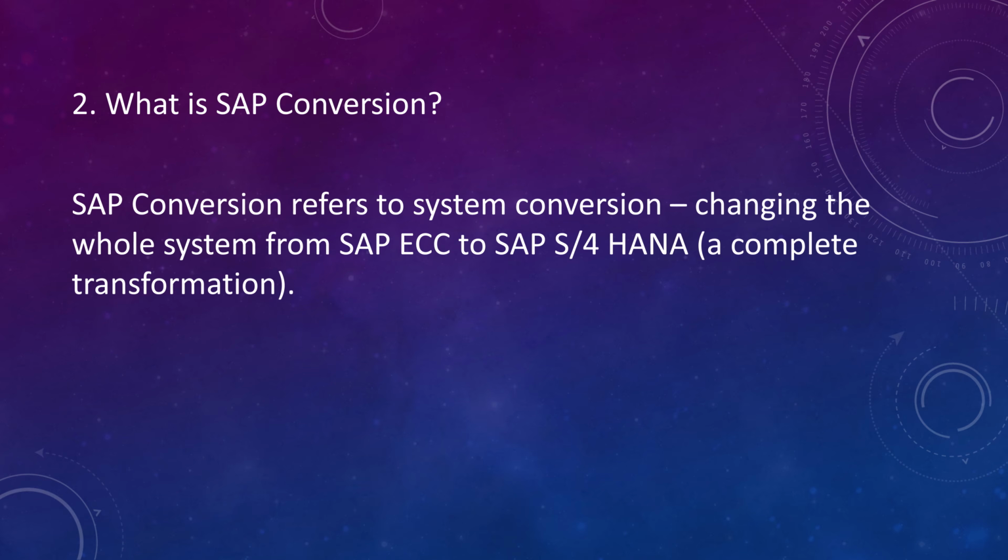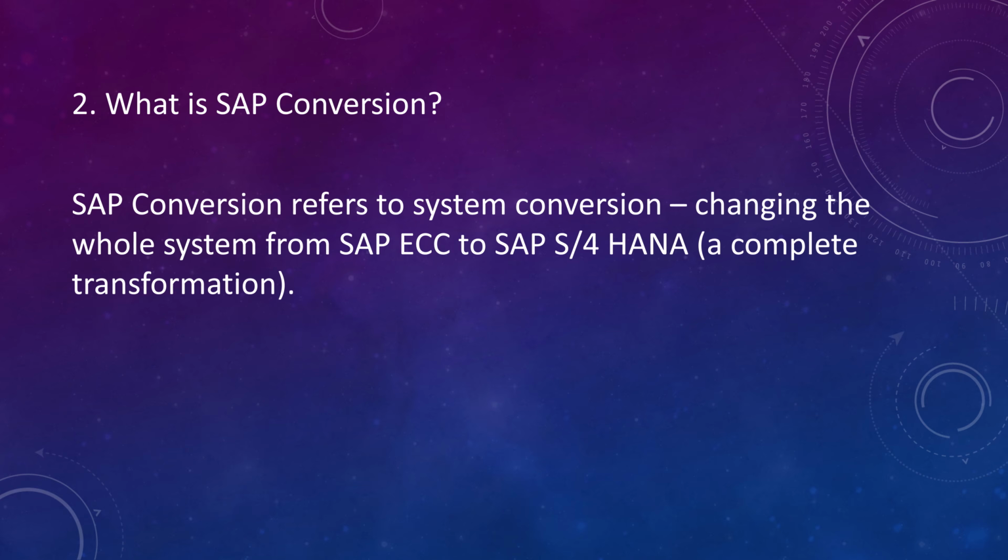Now, let's move to the second topic. What is SAP conversion? SAP conversion refers to SAP system conversion, which means changing the entire system from SAP ECC to SAP S/4HANA. It's not just about moving data, it's a complete transformation of the system, including the technical platform, business processes, and database.